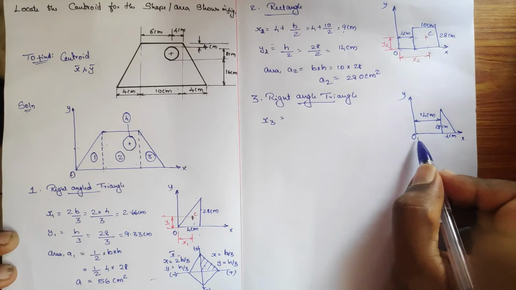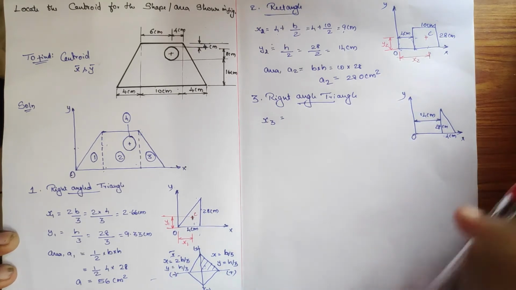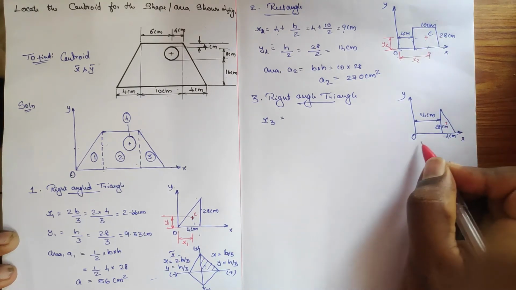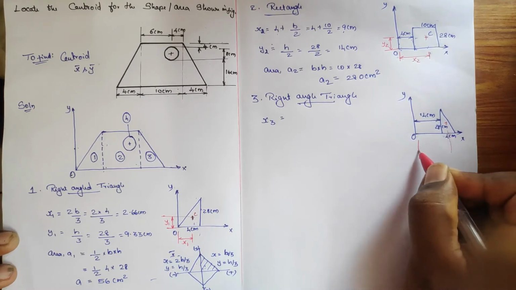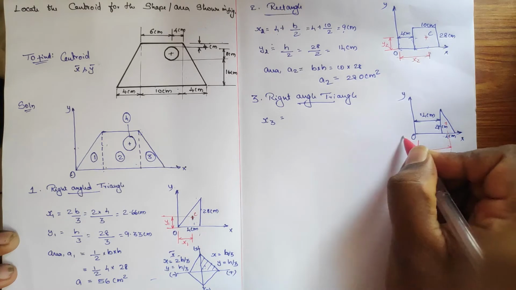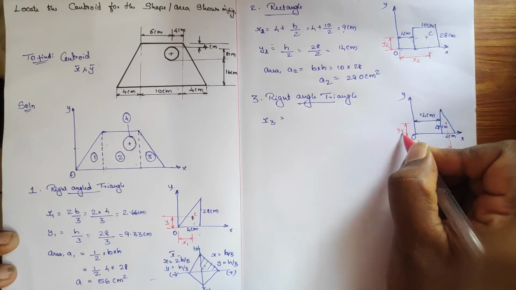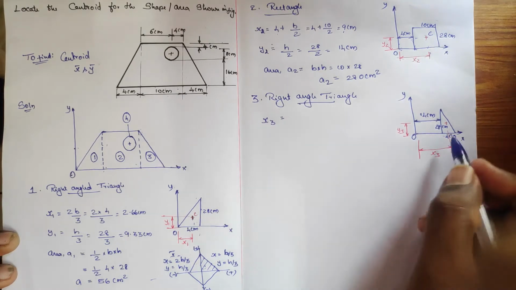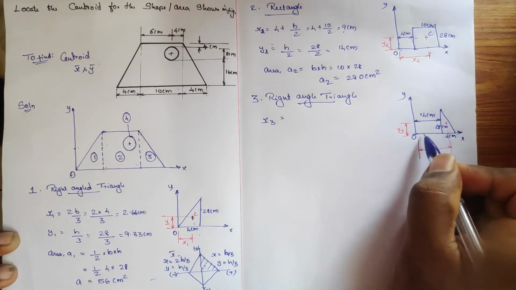X3 is the distance from O to that particular centroid. This particular distance is X3 and this particular distance is Y3. So this distance we are going to find.